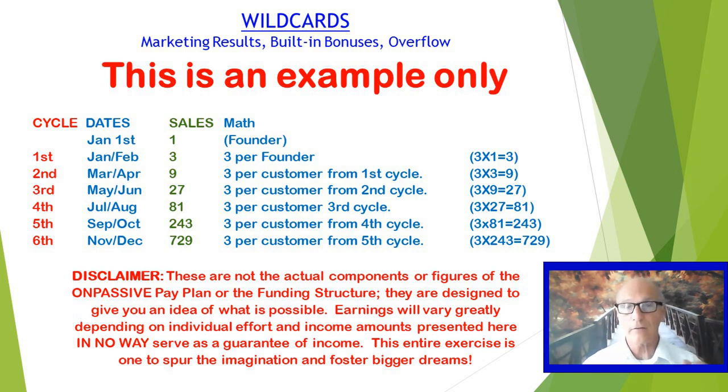And that's 700 sales per month because it's residual. And that comes from the customers paying subscriptions for products, sales that were put in the member's network by OnPassive. So no matter how you look at this, going into the second year, any member should be very, very happy with the residual income that's being generated.